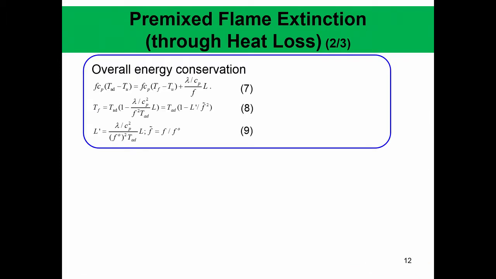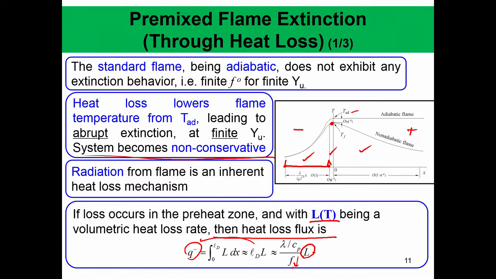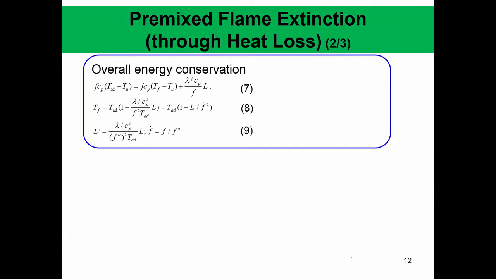Now it can be shown that Q plus, by considering basically the convective loss, will also be essentially lambda by Cp by F times L. So both Q minus and Q plus will be equal to this same expression. Now we consider overall energy conservation.